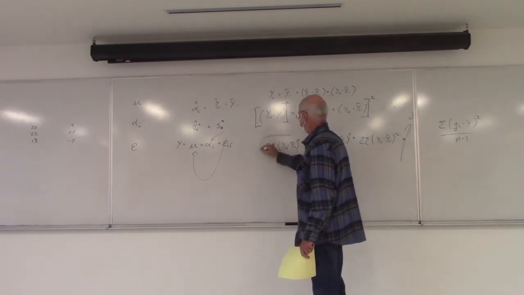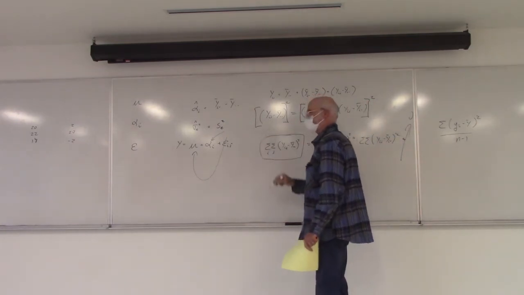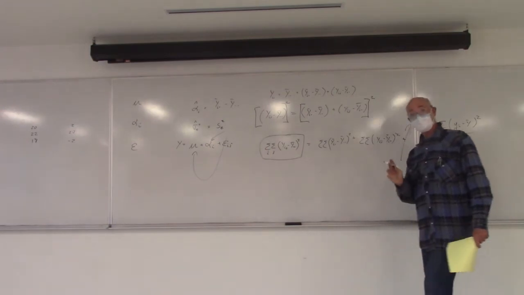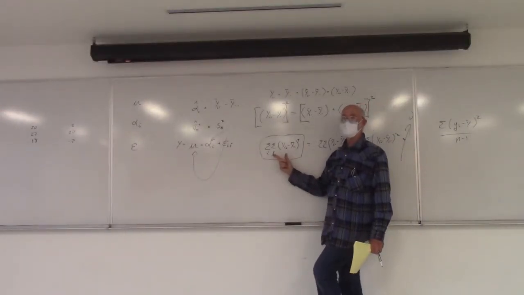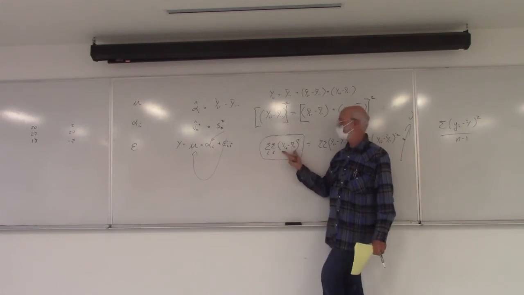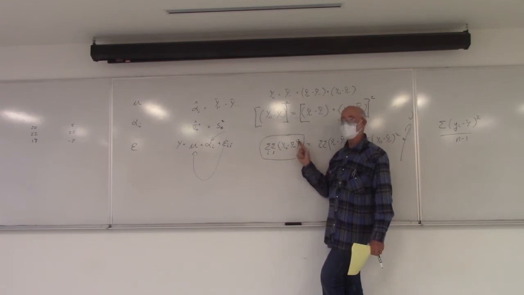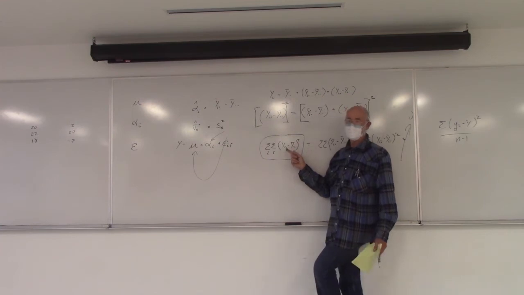What does that look like? It has a special name. It's a sum of what? Squares. The sum of squares. More completely, it's a sum of square deviations.